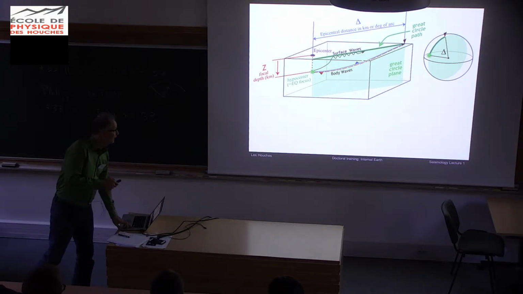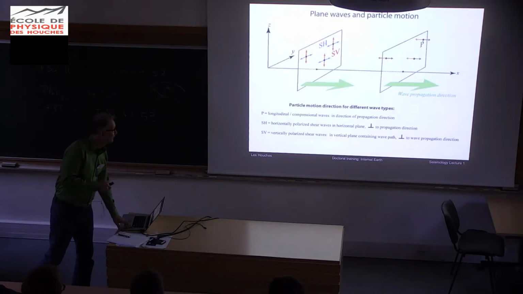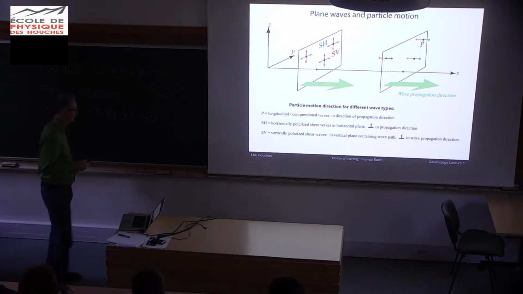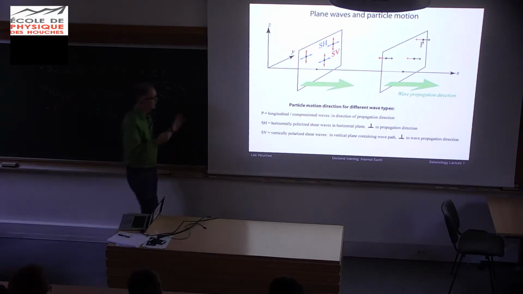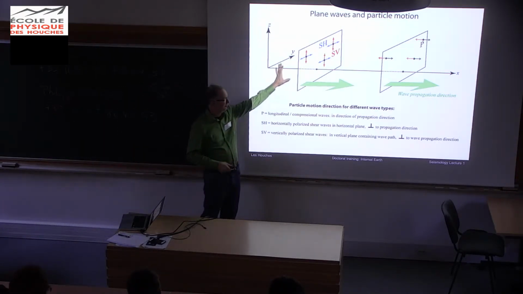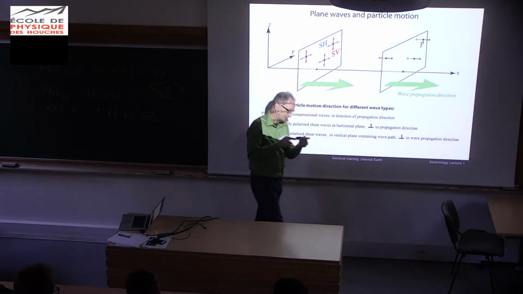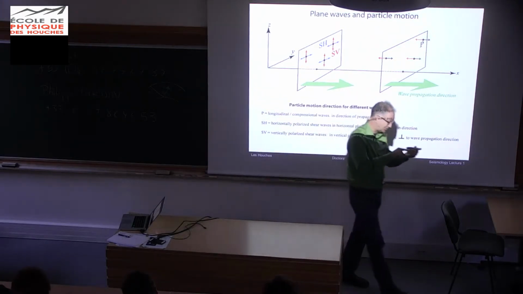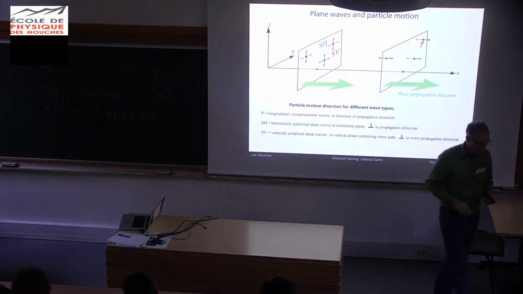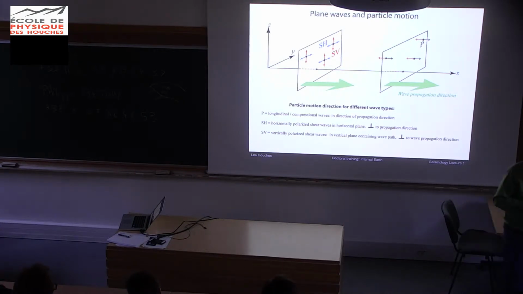So we further, these P waves and S waves, there's a particle motion aspect. Now here I'm operating in a Cartesian universe where plane waves are happening, and here's my P waves up here. P waves are faster, and S waves are back here. P waves, the motion vibrates in the direction the wave is going. It's kind of a longitudinal particle vibration, and the S waves are perpendicular to that.